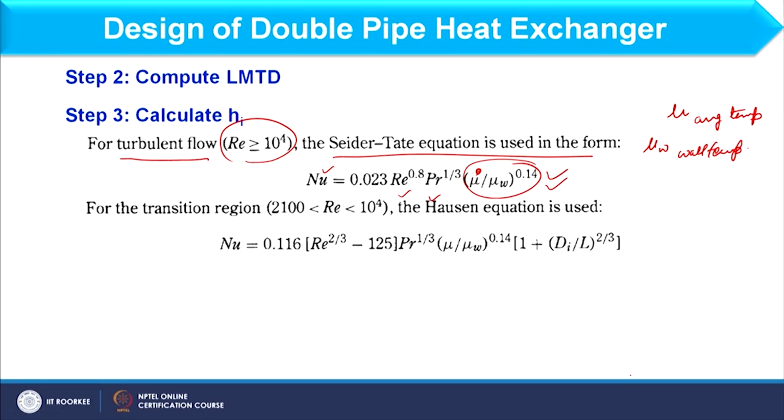And if I am having a transition region where Reynolds number is 2100 to 10 power 4, there we can use this Hausen equation.